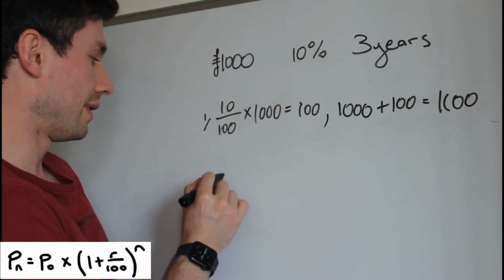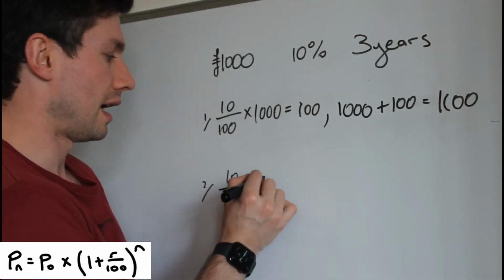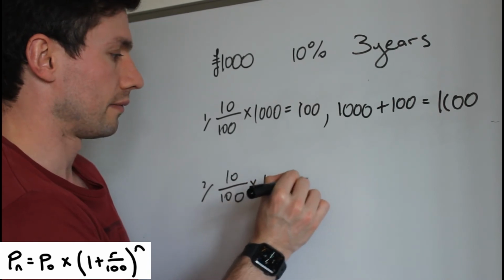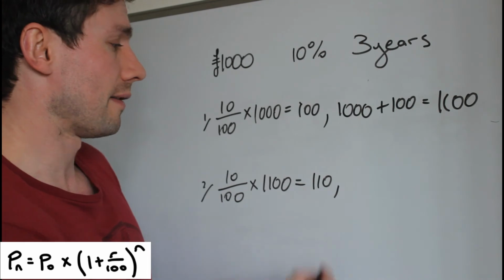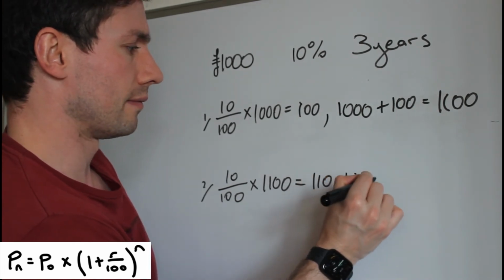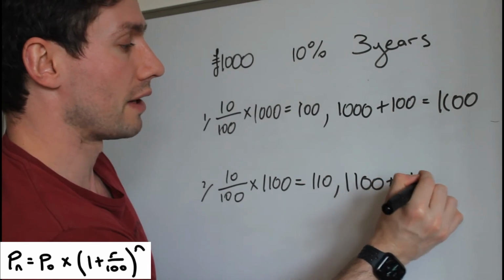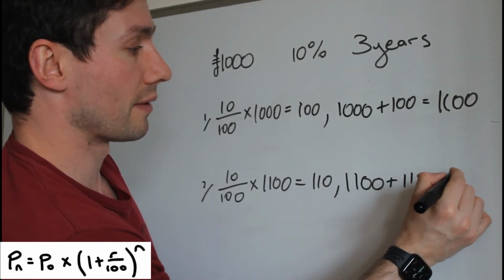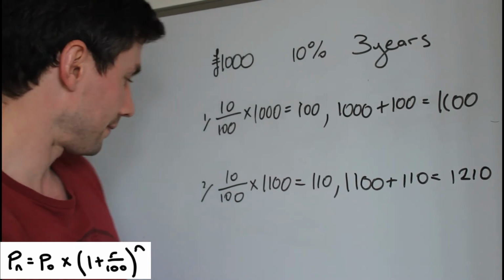In year 2, we would then work out what 10% of that is, with 10 over 100 times 1,100, giving us £110 of money gained in the second year, and we would add that to the money at the start of that year, which is 1,100 plus 110, which gives us £1,210. That's how much money we have after 2 years.